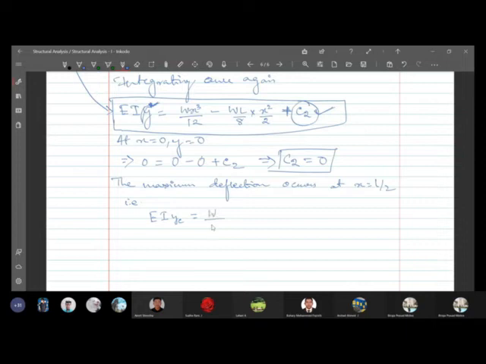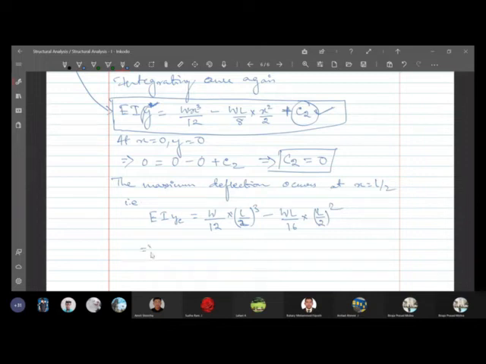So it is W by 12 into (L by 2) cube minus WL by 16 into (L by 2) square.